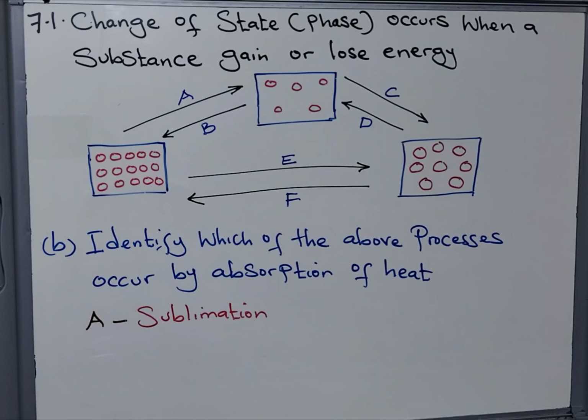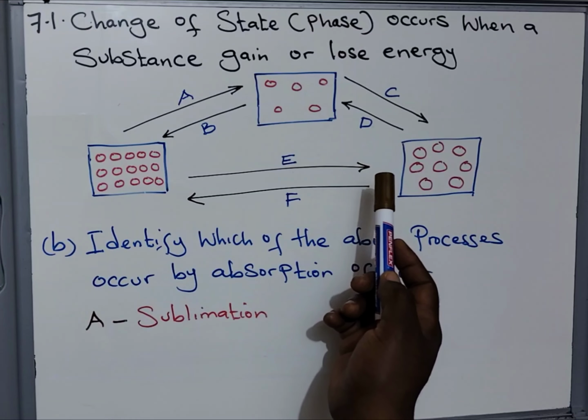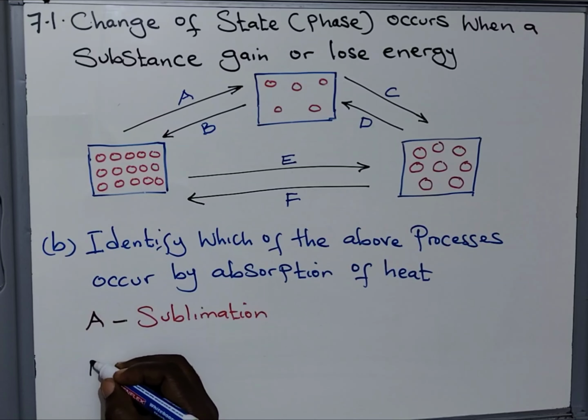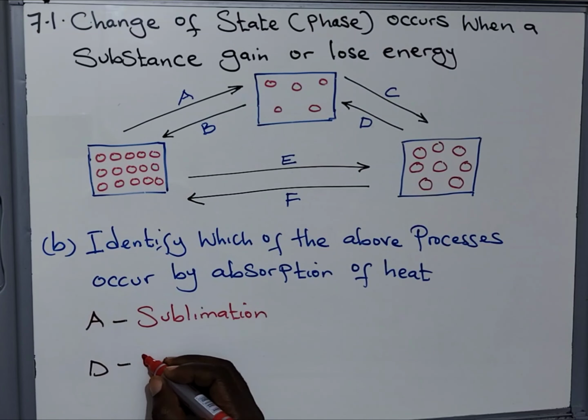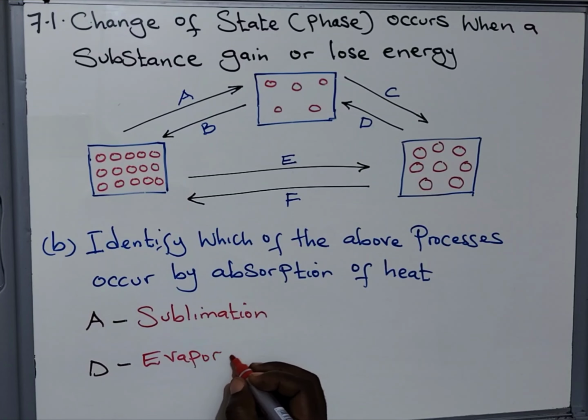Okay. Then we come here. Which one requires heat to occur? The answer is D. And what is D? D is vaporization or evaporation. Okay.